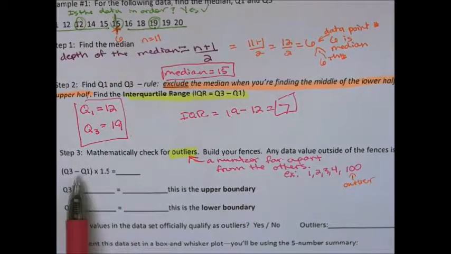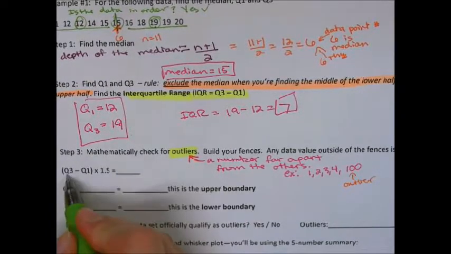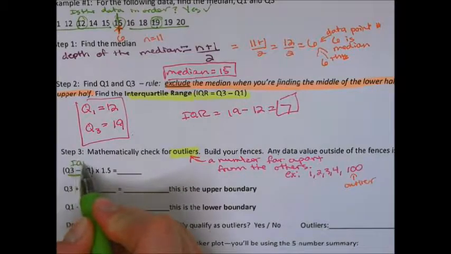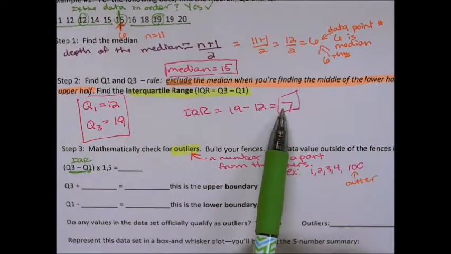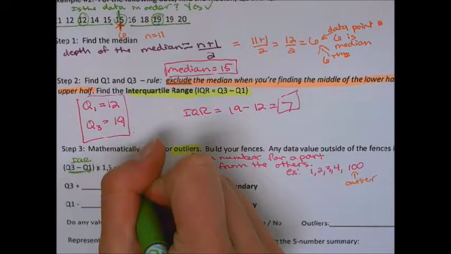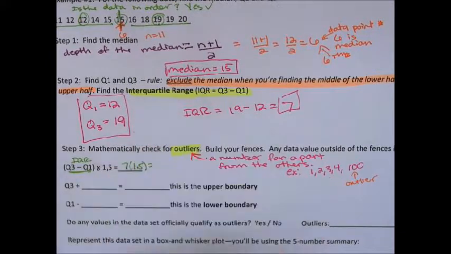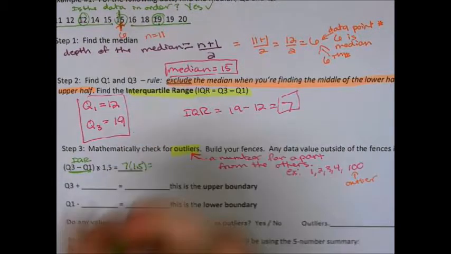So we do Q3 minus Q1, which notice this is my IQR, times 1.5. So my IQR is 7 times 1.5 is 10.5.